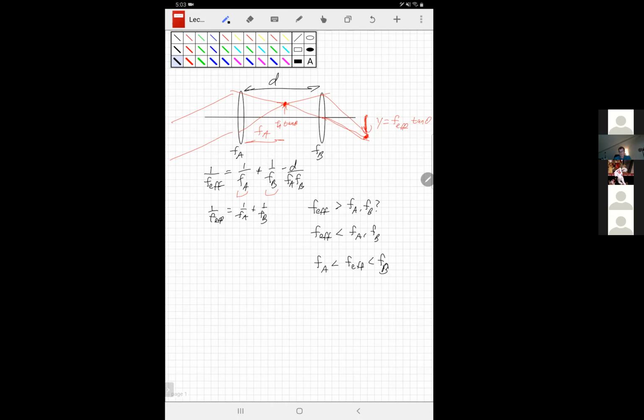Is the effective focal length going to be between the two, less than either of them, or larger than either of them? Put your answer in the chat. Greater, less, or in between?